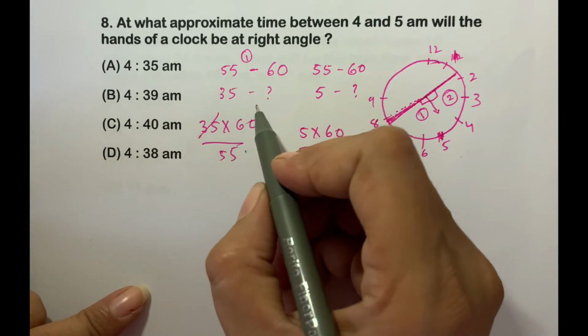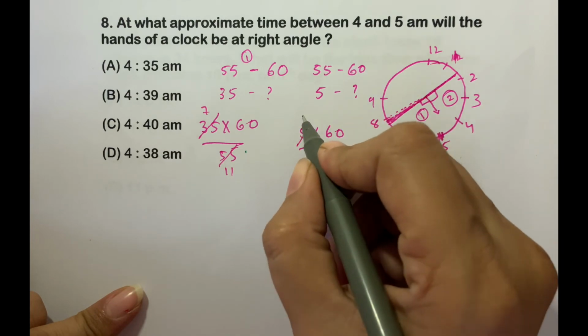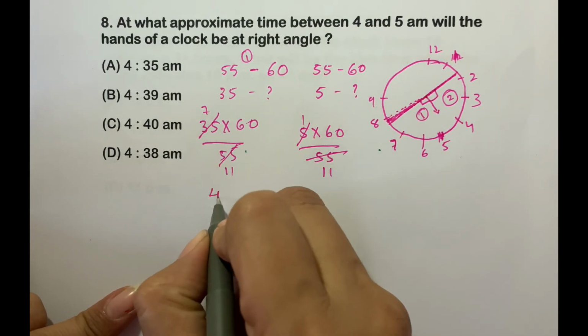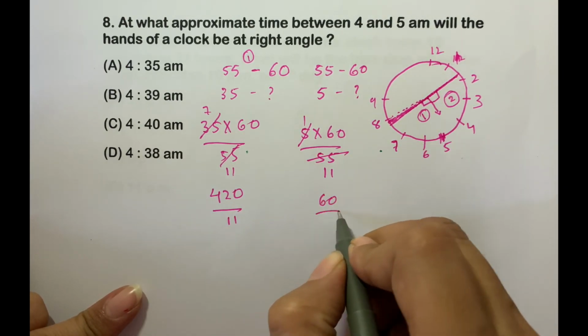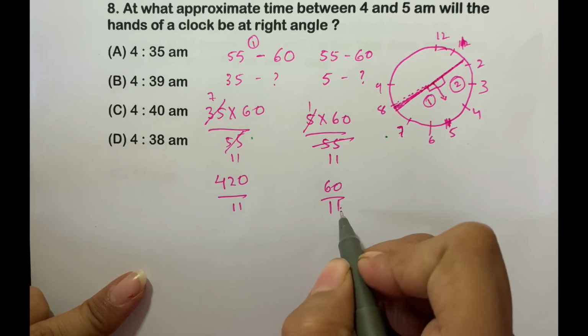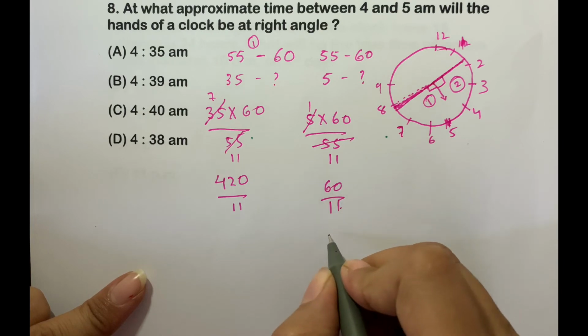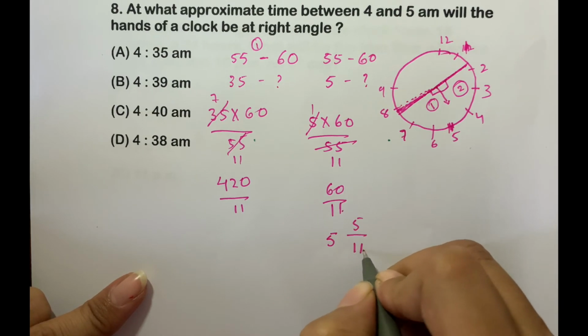So if you divide it, 5 7s are 35, 5 11s are 55, so it is 7 6s are 420 upon 11. Here it is 60 upon 11. So if you divide it, for 60 upon 11, we get 11 5s are 55, isn't it? So 5, with 5 remaining, so 5 by 11 minutes.